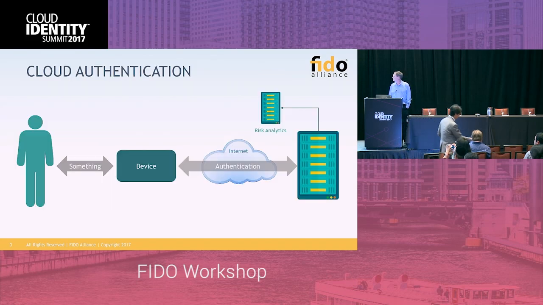So this is basically the paradigm today with cloud authentication. We have a user, they have a device, and they do authentication to the cloud. And usually this is with bearer tokens or symmetric secrets. And so they wind up getting stored out in the cloud on the server someplace, and this is where a lot of the loss actually happens.